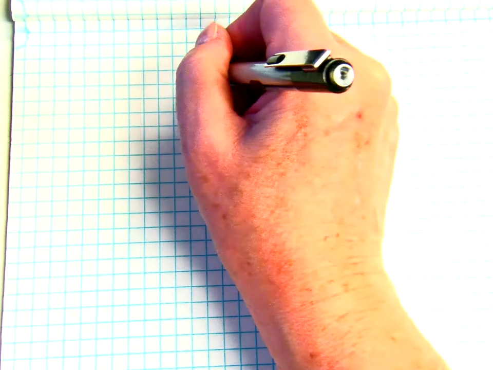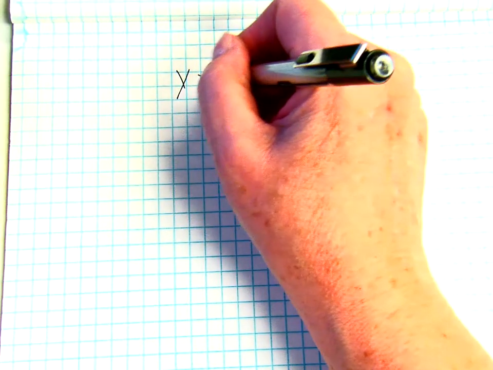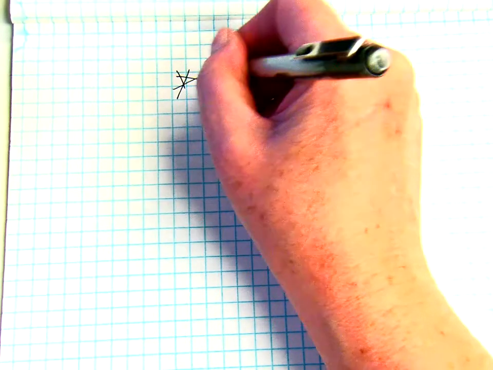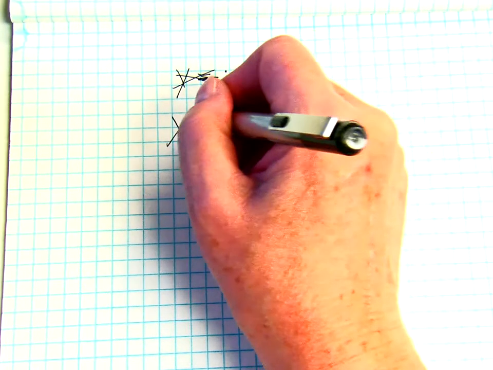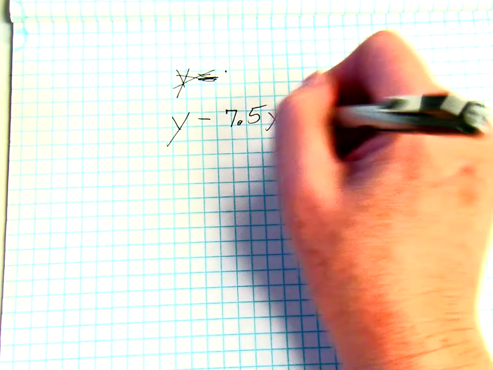So let's start again with y minus 7.5x equals 0.